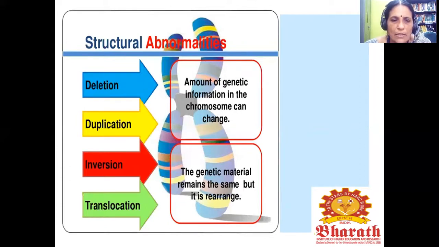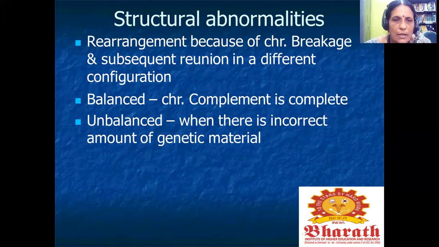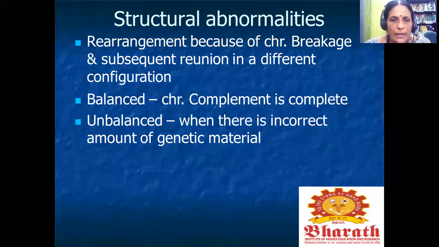Due to inversion and translocation, the genetic material remains the same, but it is rearranged. So structural abnormalities are the rearrangement of chromosomes after breakage, and subsequent reunion in a different way produces a different configuration. These can be balanced, meaning the chromosome complement is complete, or unbalanced, when there is an incorrect amount of genetic material.